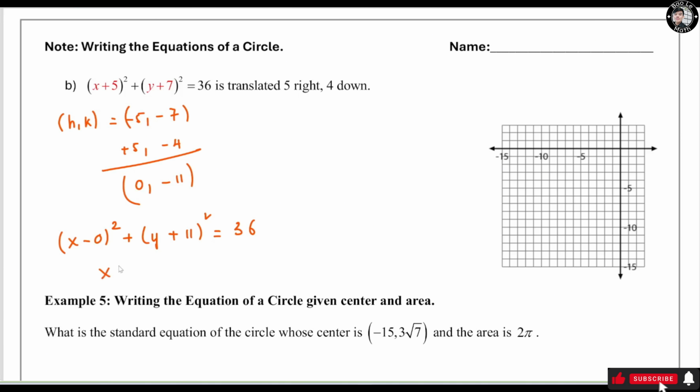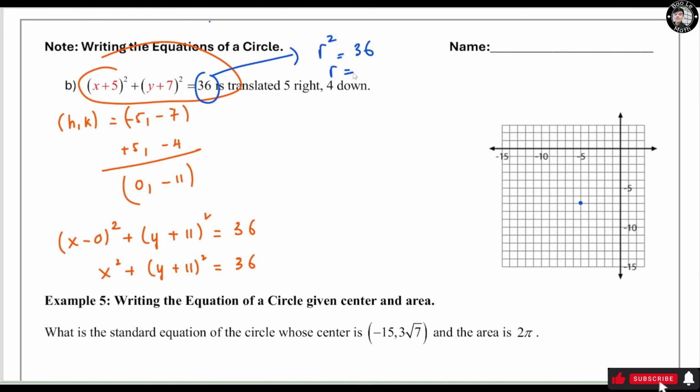So we're going to simplify: x squared plus (y plus 11) squared equals 36. Now we're going to locate the original equation right here. The center is going to be negative 5, negative 7. It's going to be right here. Radius squared equals 36, so radius equals 6.